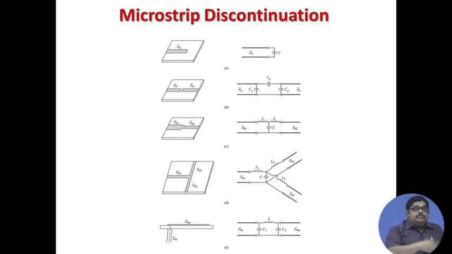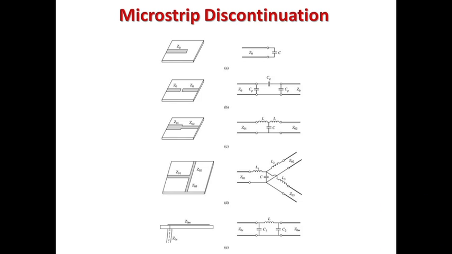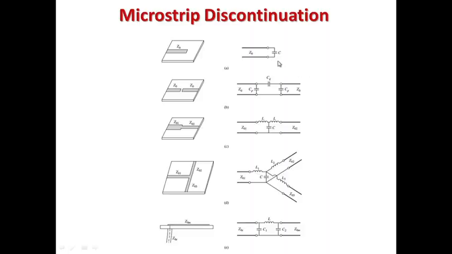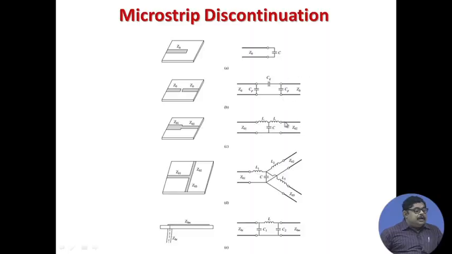The same thing that was in waveguide, this is in microstrip technology. Microstrip means there is a substrate, over that there is a metallization. So, with microstrip discontinuities, the same C, then LC, you can make like this.